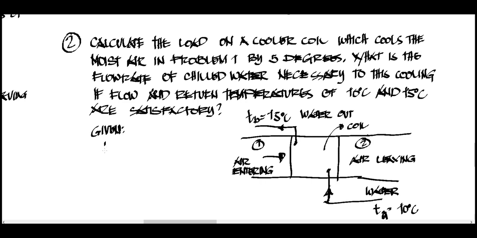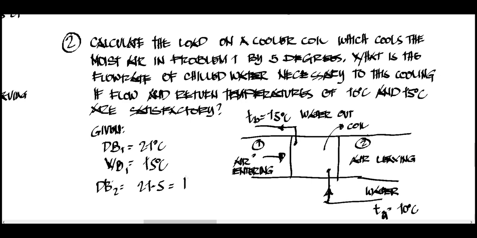Then we have the given values: the dry bulb temperature at 1 is 21 degrees Celsius, and the wet bulb temperature at 1 is 15 degrees Celsius. For dry bulb 2, the moist air is cooled by 5 degrees, so 21 minus 5 gives 16 degrees Celsius.